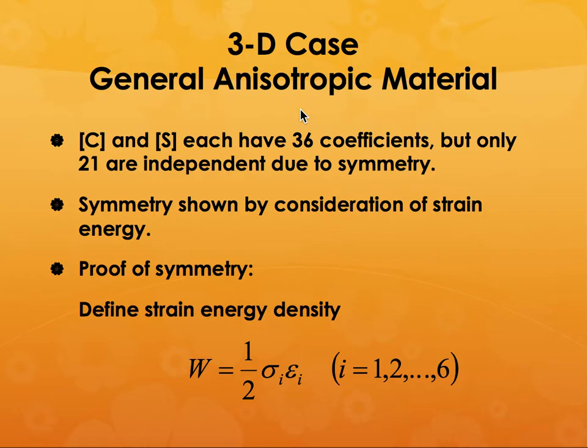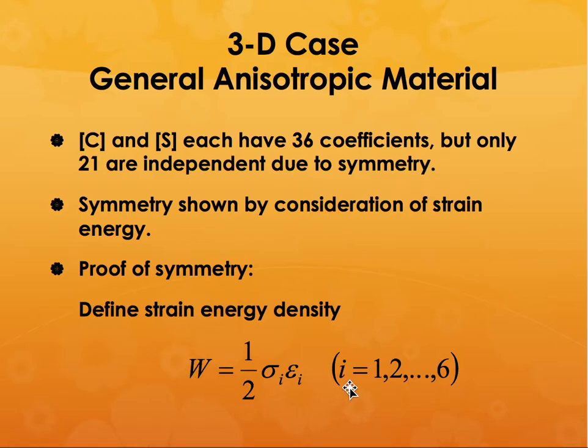If you have further symmetry, you can reduce the number of coefficients, so instead of 36, you only have 21. For a general anisotropic material, the strain energy density can be defined as, in metals, what is equal to the toughness or the compliance.